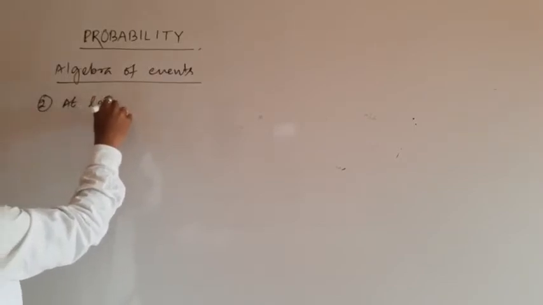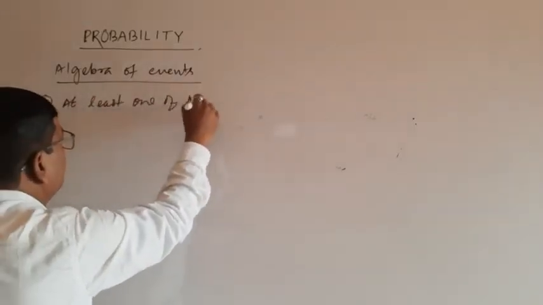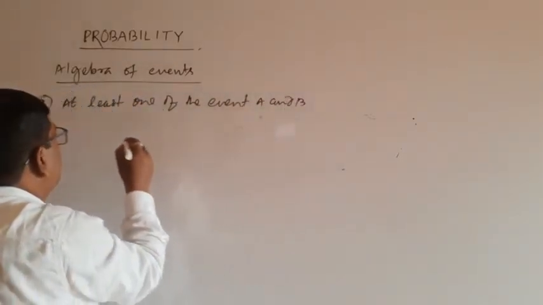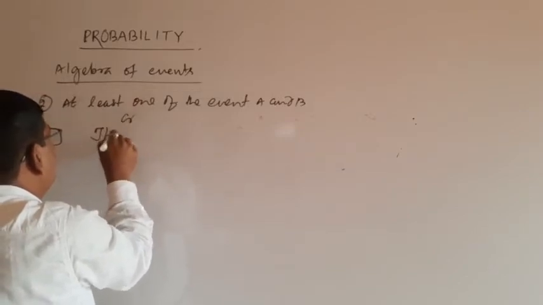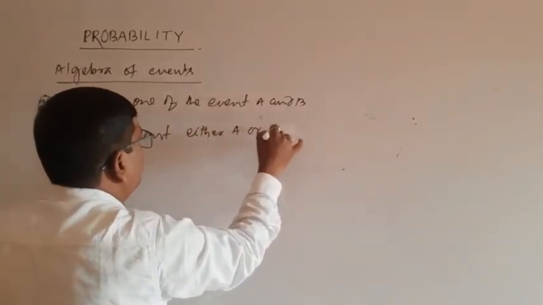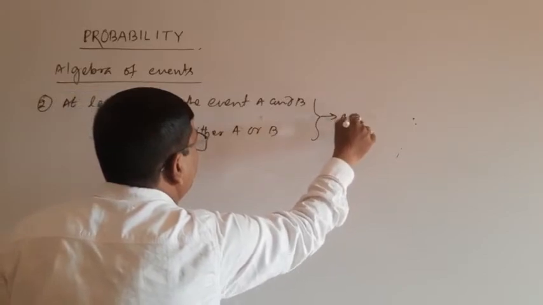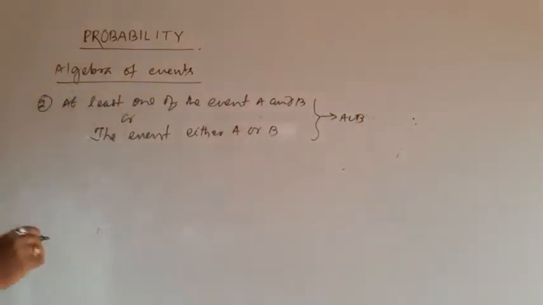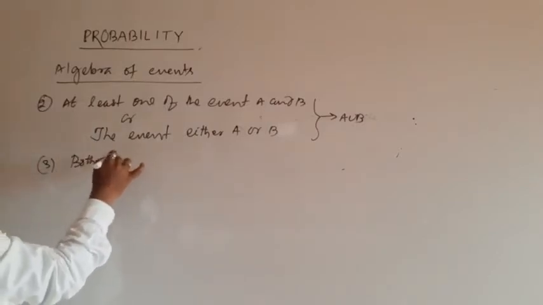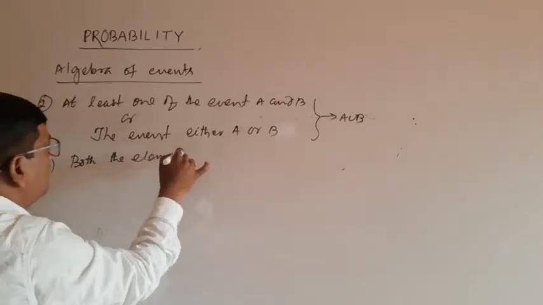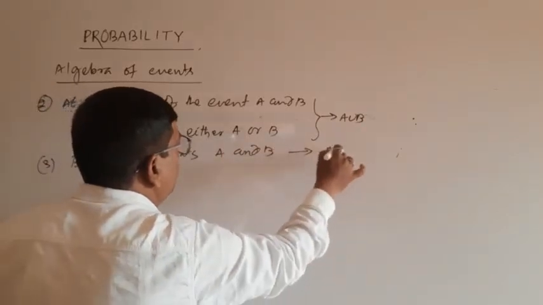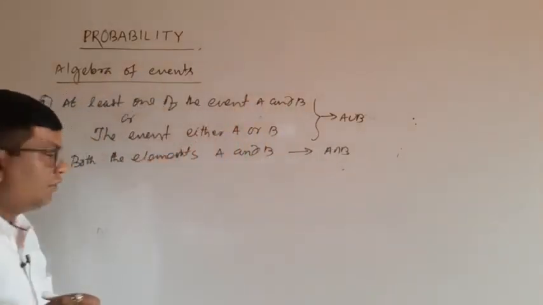At least one of the events A and B, or we can say the event either A or B, is denoted by A union B. Number three is both the events A and B, denoted by A intersection B.